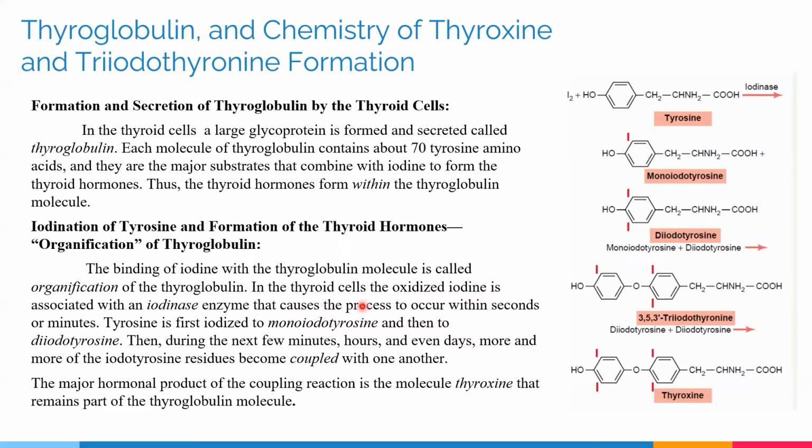In the thyroid cells, the oxidized iodine is associated with an iodinase enzyme that causes the process to occur within seconds or minutes. Tyrosine is first iodized to monoiodotyrosine and then to diiodotyrosine.